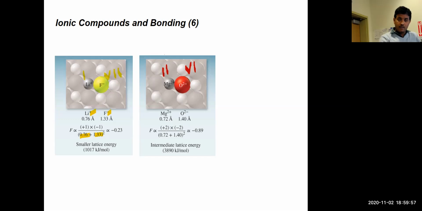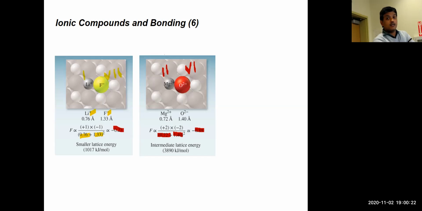Group 2 has a +2 charge and group 6 has a -2 charge, and the atomic radius is 0.72 and 1.40 respectively. When you calculate the electrostatic attraction between them, it happens to be 0.89, which is much larger than 0.23.